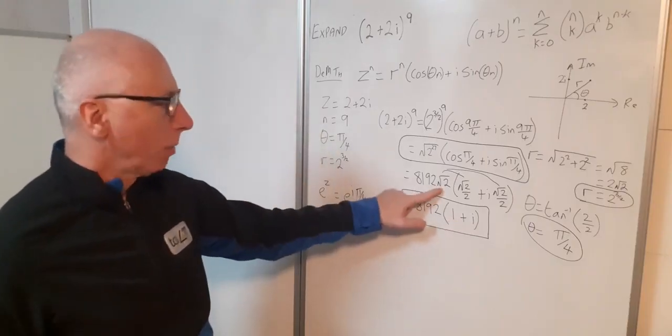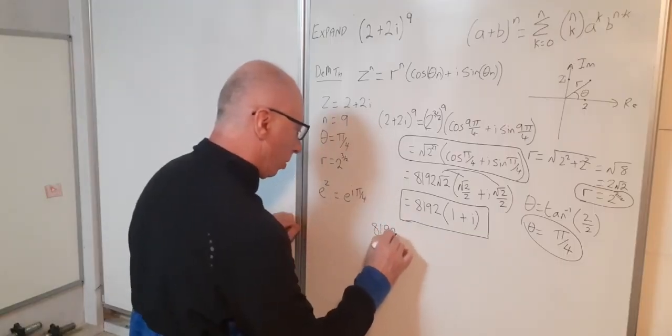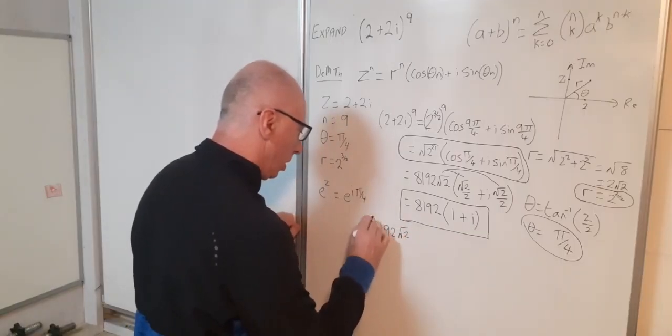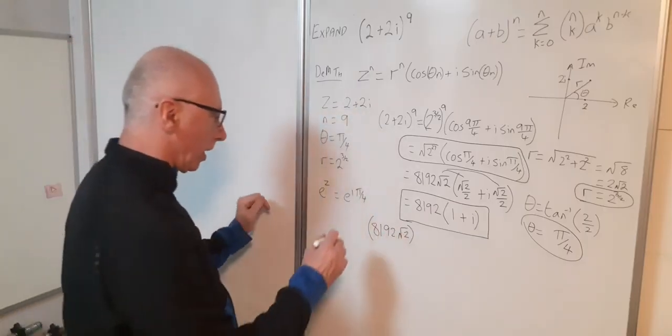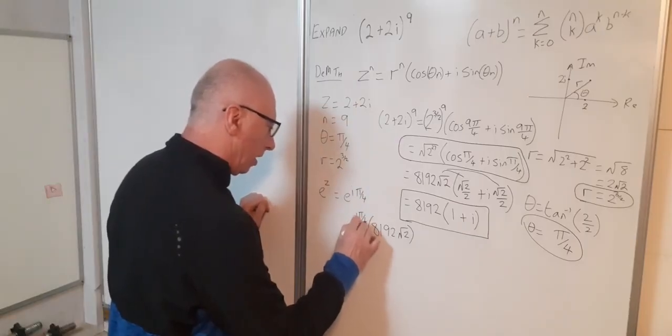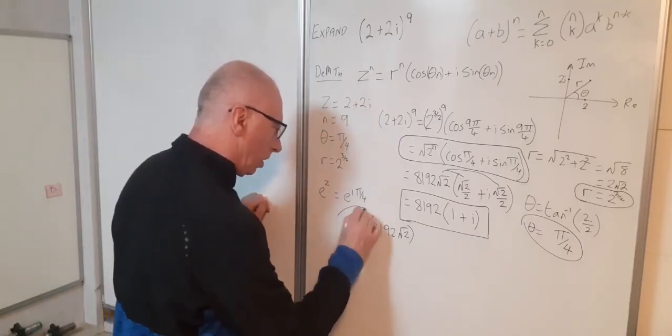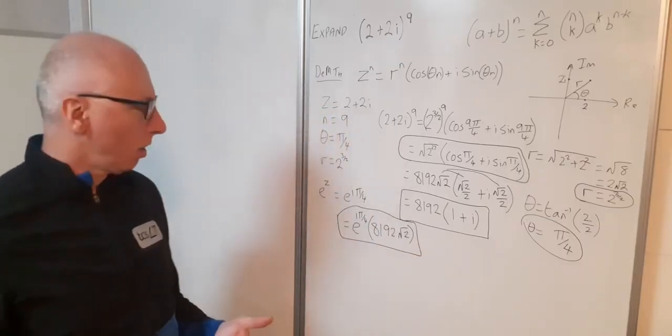And then I'd have to go back with this value. So then that would lead me to 8192 root 2. I'll put that in a bracket, and I can bring this out to the front if I like, times e to the i pi over 4. So that is also a way of expressing our result.